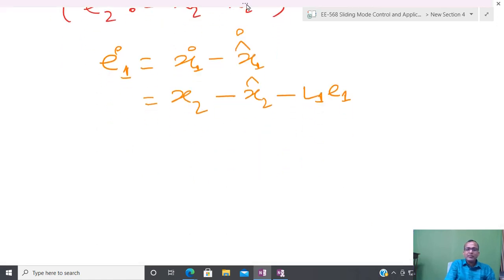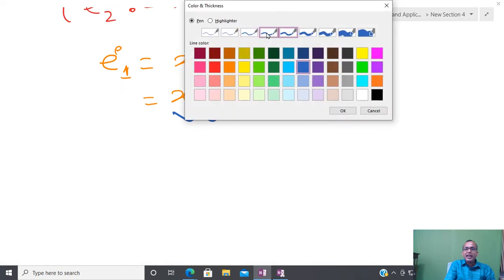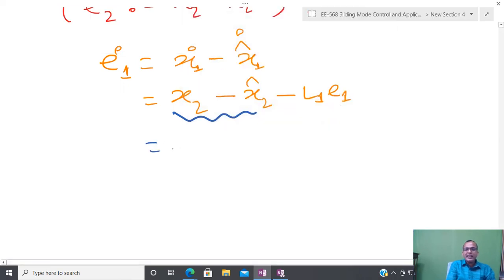These two terms are again some kind of error dynamics, so I can write this as E2 minus L1 into E1. Anyone has confusion up to here? Anyone?